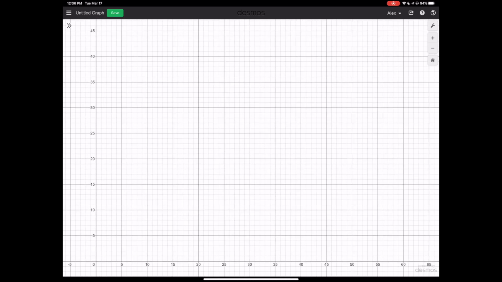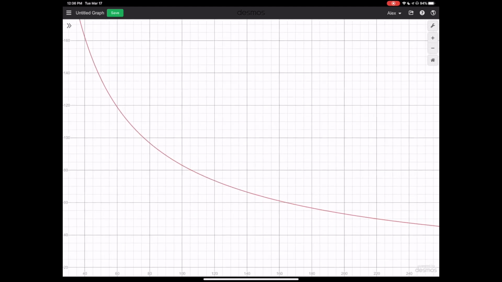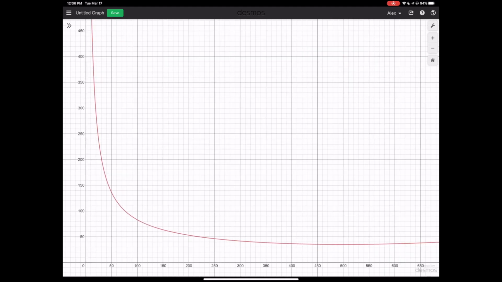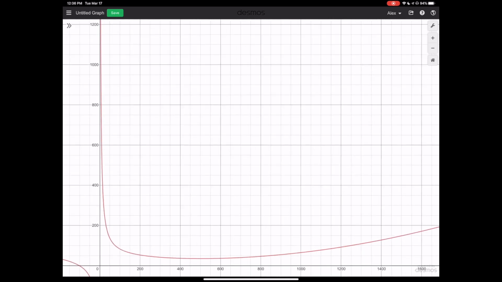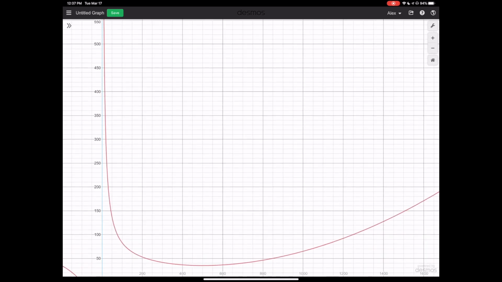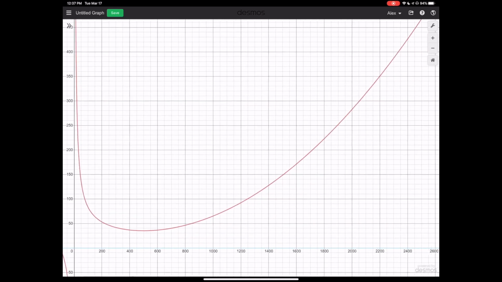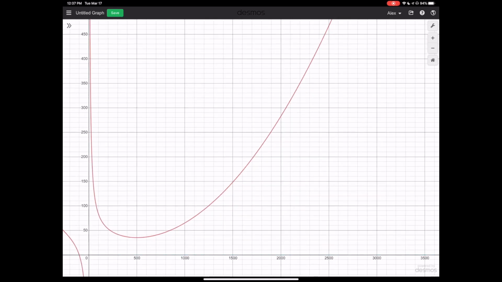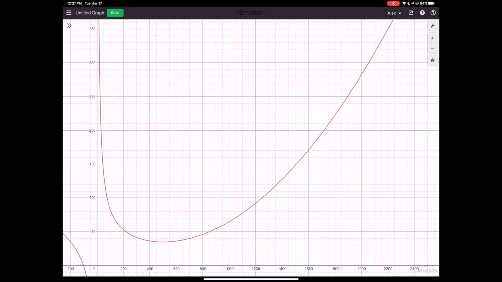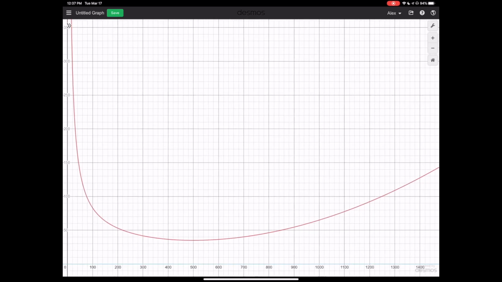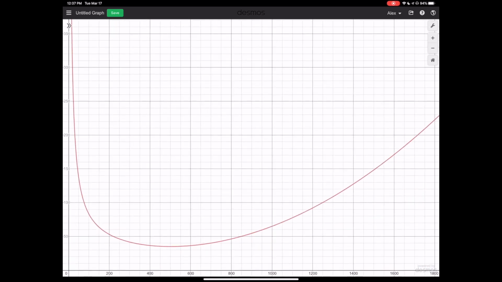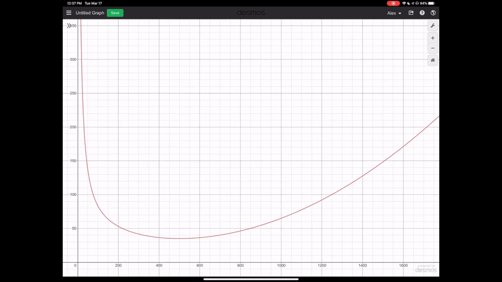So I have to zoom out until I can actually see the graph here, and I'm going to fix the window so we can see it a little more like that. Specifically, we want to focus on 500, and I'm going to click on that point right there so you can see it.